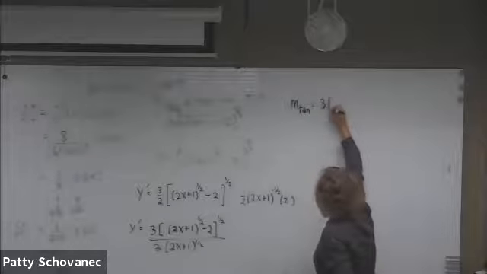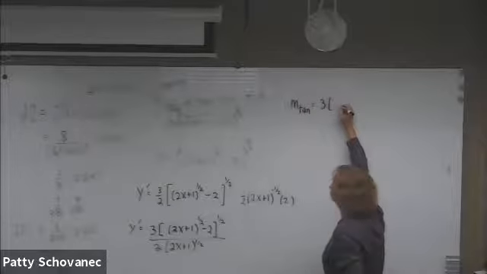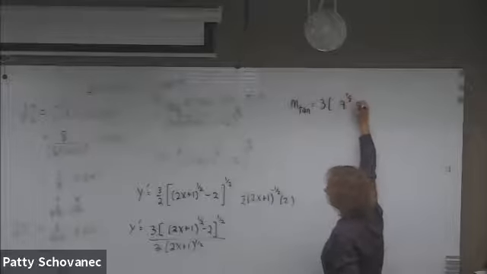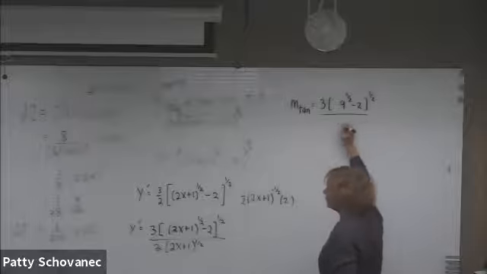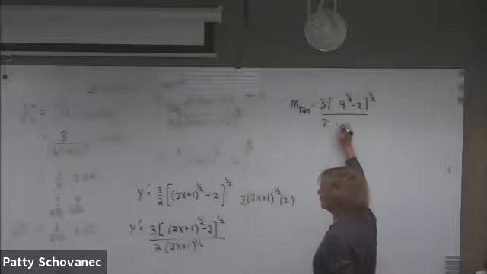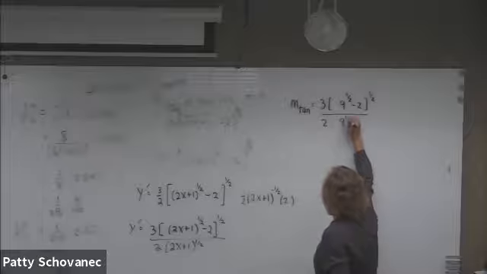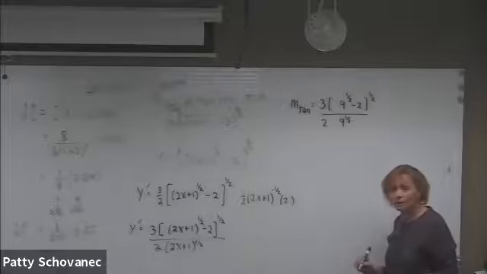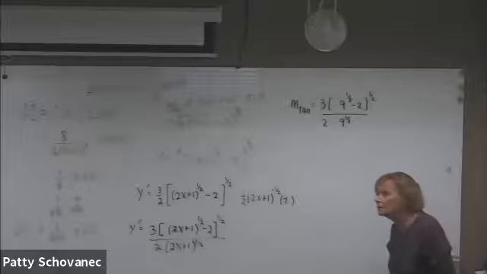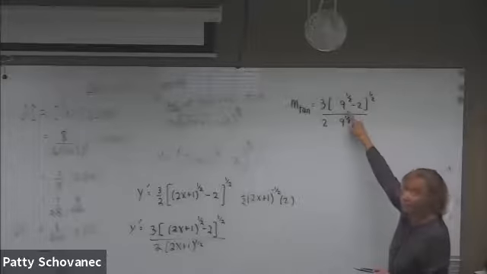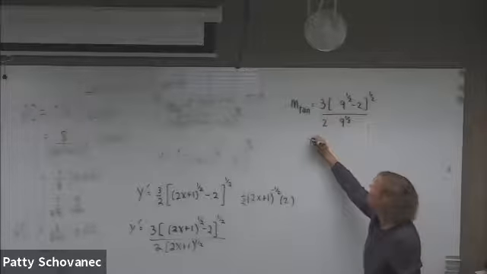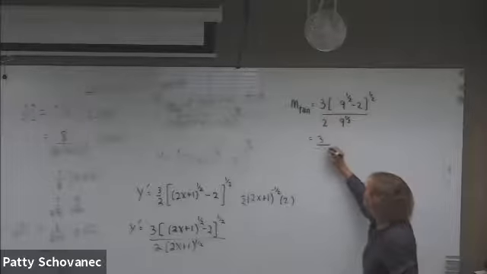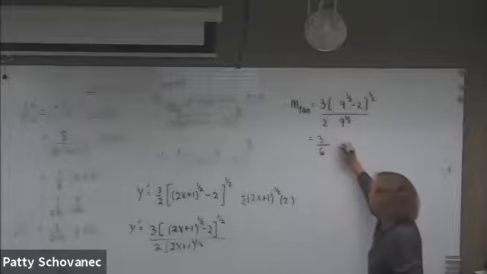We'll have 3 times the quantity 2 times 4 is 8, plus 1 is 9 to the 1/2, minus 2, all of that to the 1/2. And then 2 here, and then I have a 9 to the 1/2. What is 9 to the 1/2 power? 3, it's the square root of 9. So 3 minus 2 is 1, and 1 to any power is 1. So I just get 3. And then 9 to the 1/2 was 3, so down here I get 6. So sure enough, slope is 1/2.